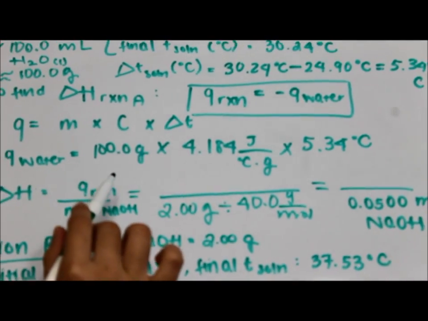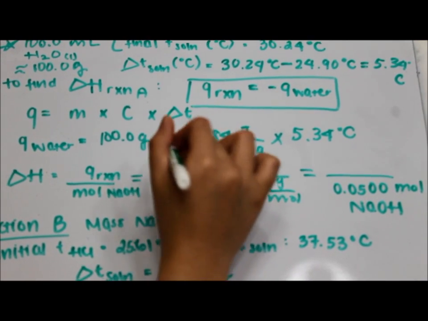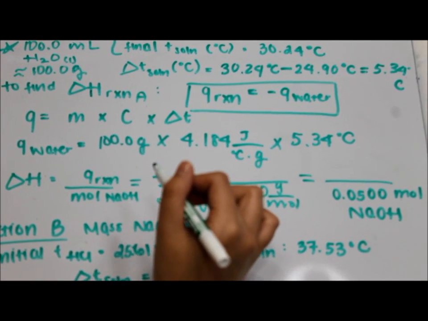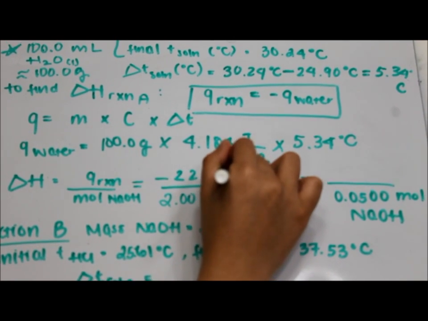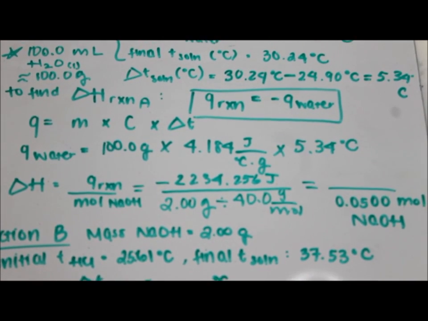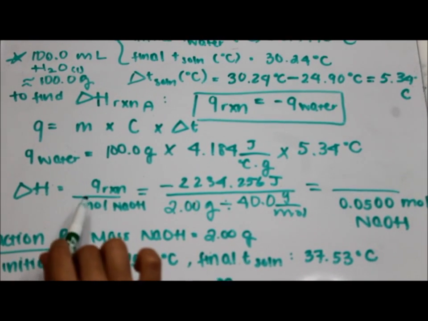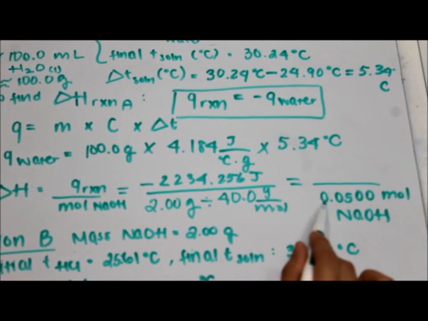Now we are going to put the negative of that here, which is calculated to be this figure, and we're going to find the number of moles of NaOH, which is this.